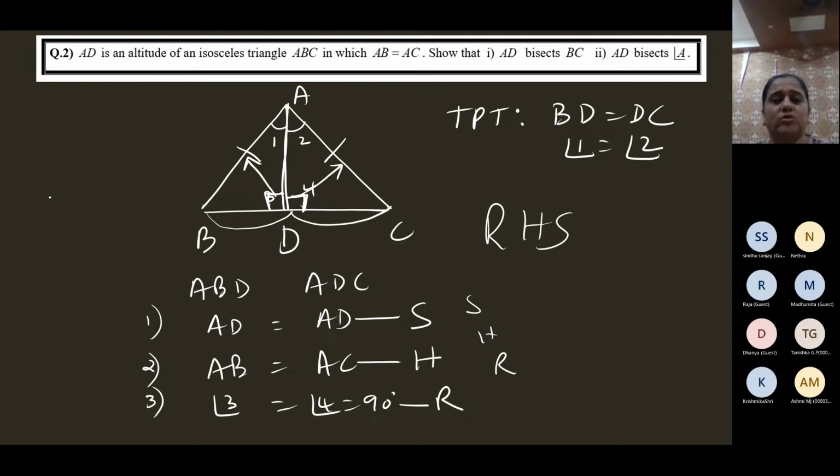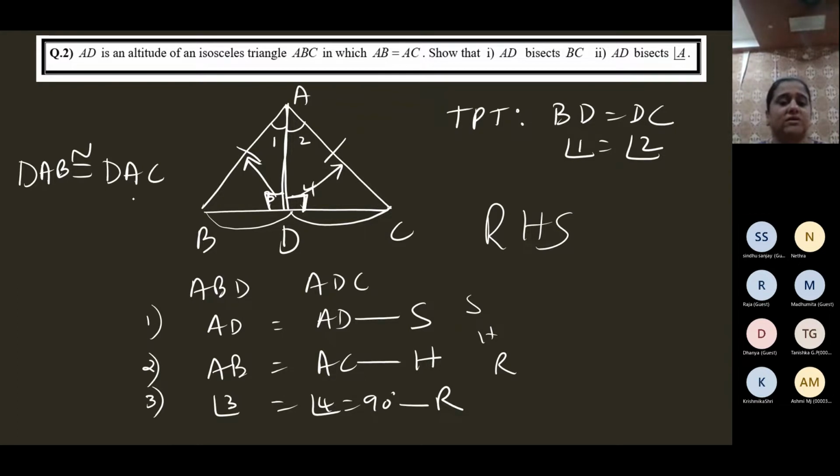So what is the order? How will you name the two triangles? If I say DAB, Netra, how will you name the other triangle? DAC, ma'am.